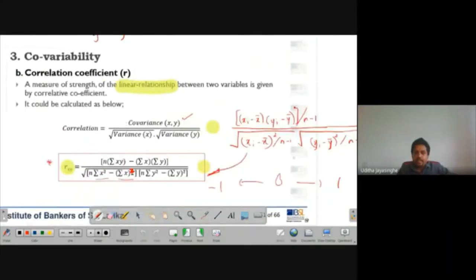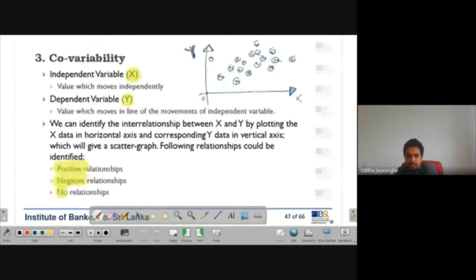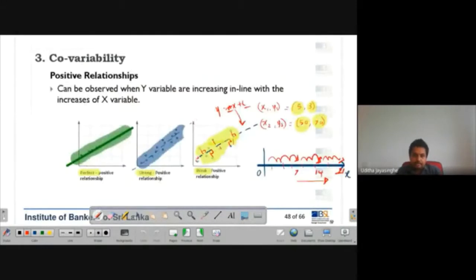Fine. Now this is where, students, we are trying to understand the strength of the two variables, whether they are moving in a perfectly positive relationship, perfectly negative relationship, strong or weak. You could recall that once you look into these scatter graphs.